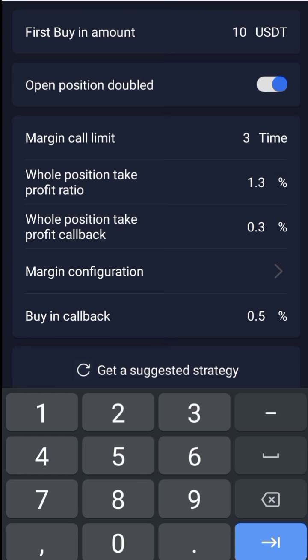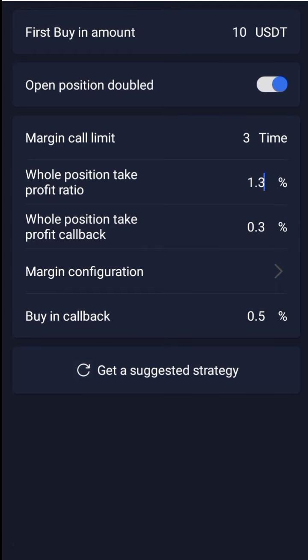Like, if you buy a coin at $1, when the price rises 1.3% of that $1, should you take profit, or when it reaches 1.5? But for me, it's better you take profit closer. 1.3 is okay, as the suggestion entails.